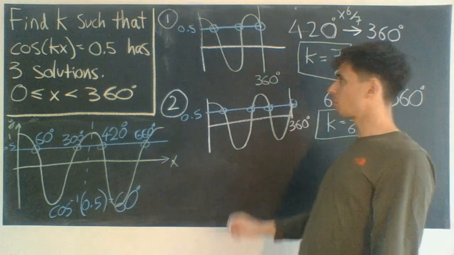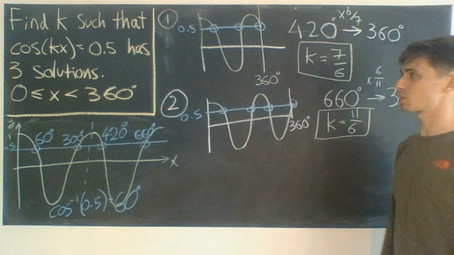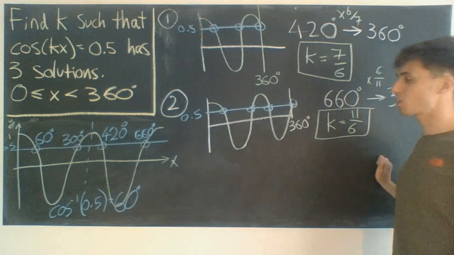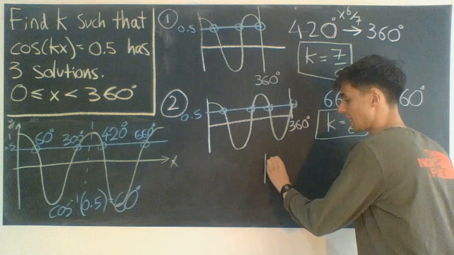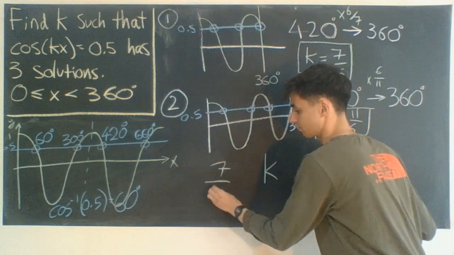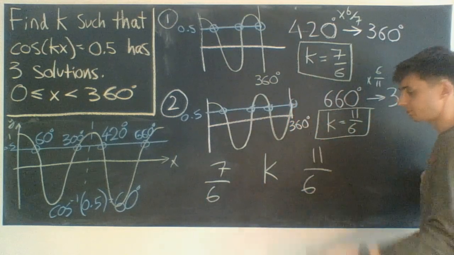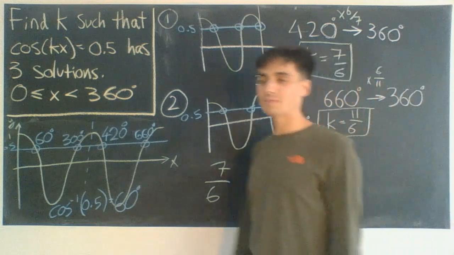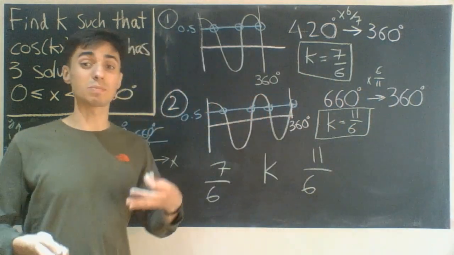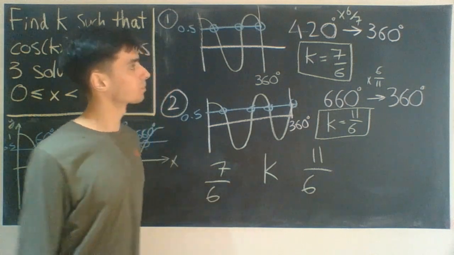These are our two important k values then, 7/6 and 11/6 for this problem. When we write out our solution, we would like k to be between 7/6 and 11/6. But we also just have to think about, do we want our inequalities to be strict, or can we include the equals in there?